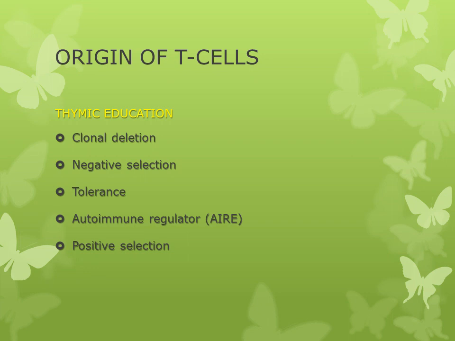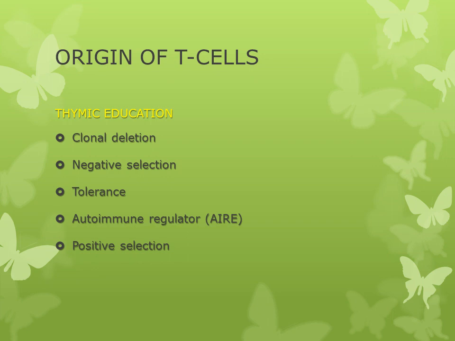This whole phenomenon of negative selection and clonal deletion requires a gene that is called the autoimmune regulator gene. For successful completion of this clonal deletion and negative selection, the thymic epithelial cells must display a wide range of self proteins during the maturation phase.